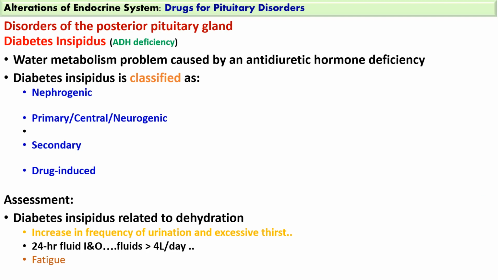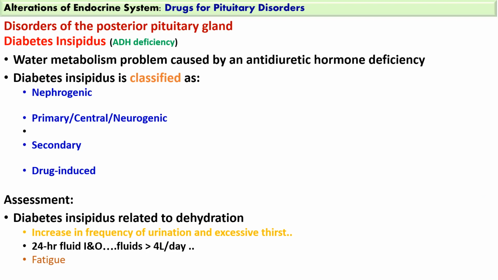Primary type is when there is a defect in the hypothalamus or pituitary gland.